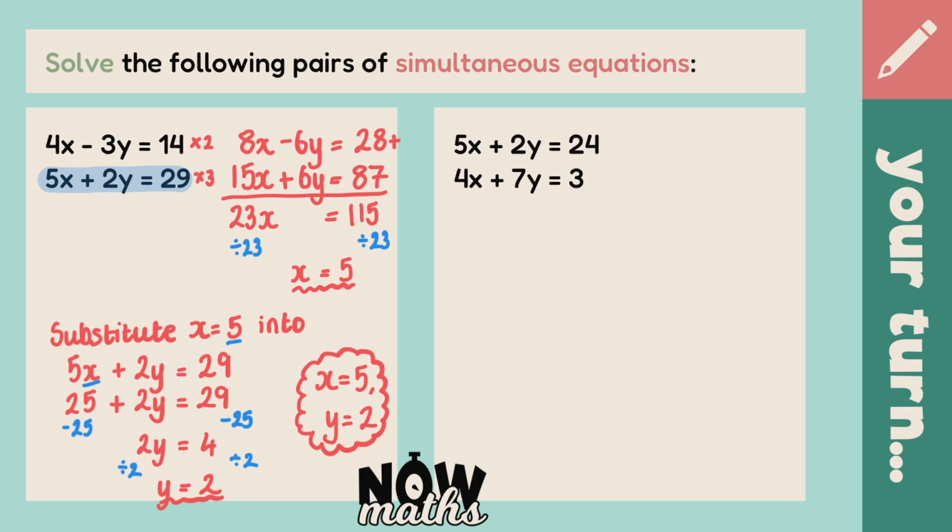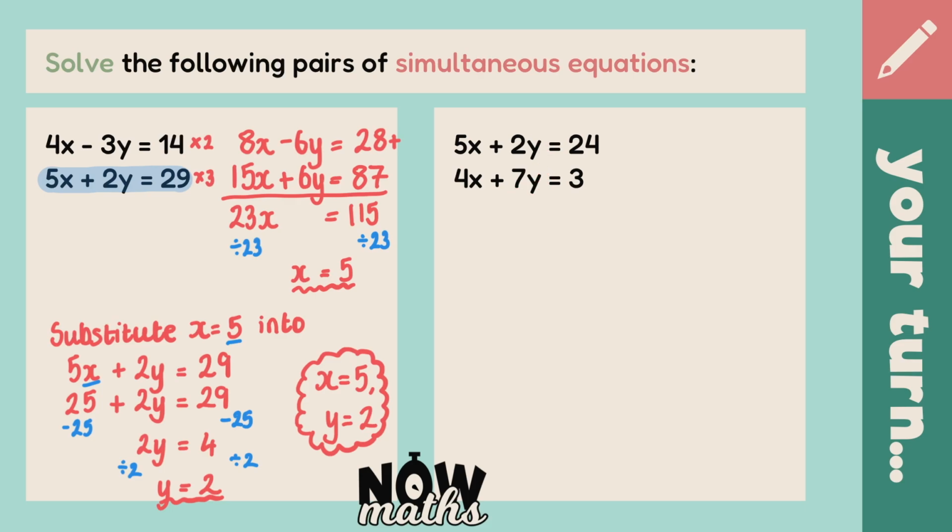Now if we take a look at the second question, if we look at the x coefficients, 4 and 5 have a lowest common multiple of 20, and 2 and 7 have a lowest common multiple of 14. Since 14 is lower, we're going to try and make the y coefficients into 14.